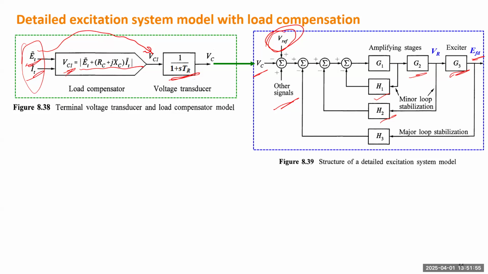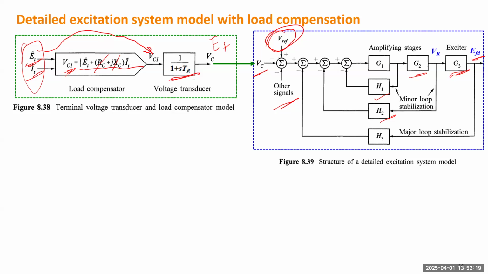If you make RC and XC both 0, what is VC? VC will be the terminal voltage, right? So if you make RC and XC both 0, this will be the magnitude of the terminal voltage. If they're non-zero, this VC will be different from the terminal voltage.